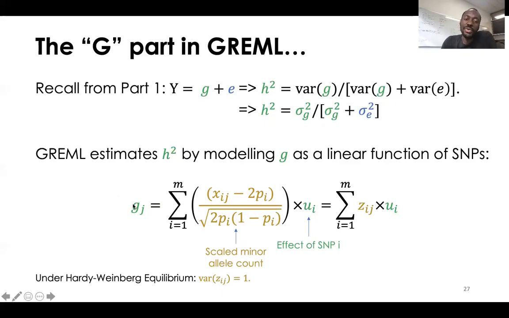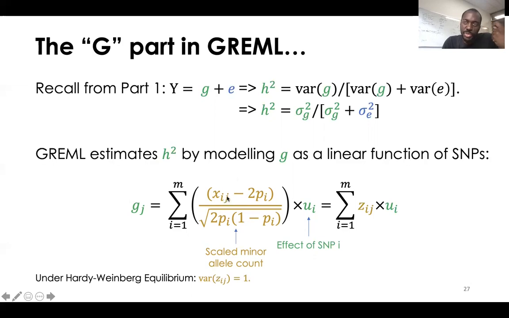The genetic value can be written as a linear combination of all the M SNPs I have available in my sample. What am I summing up? I'm summing the minor allele counts, normalized in a funny way. These are the minor allele counts I introduced in the previous part when I talked about the GRM.